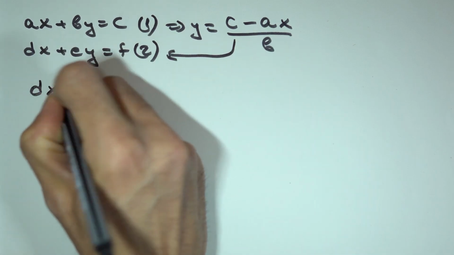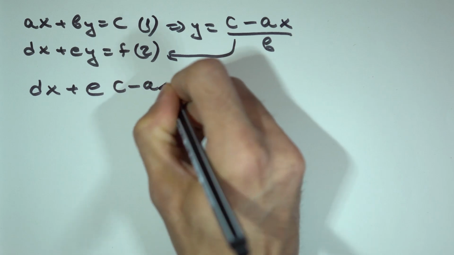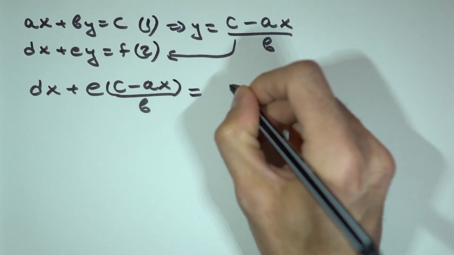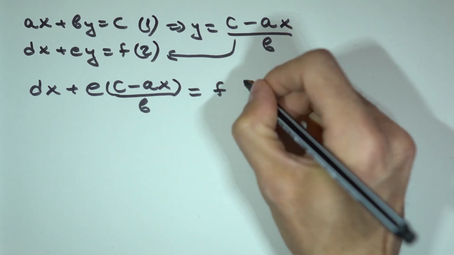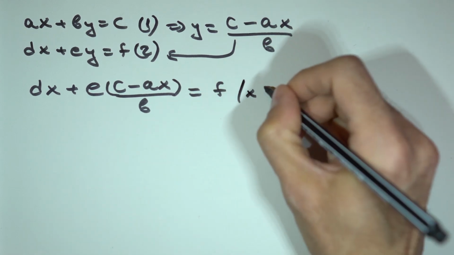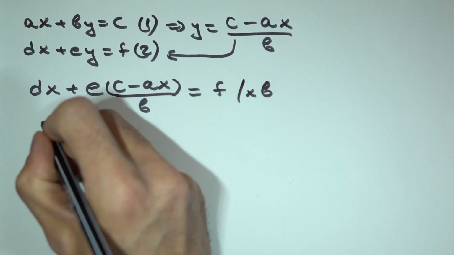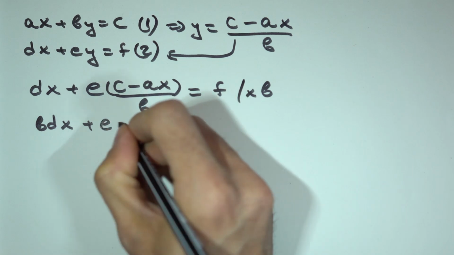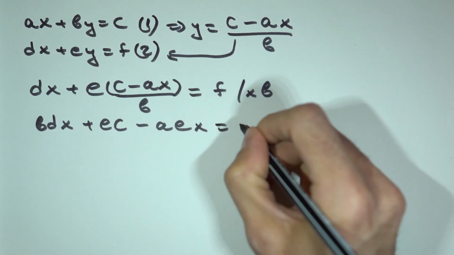We have dx plus e times c minus ax over b, which is y, equals f. We have a fraction, and therefore we want to remove it. Therefore, we multiply every single term of this equation by b. Thus we obtain b dx plus ec minus aex equals bf.